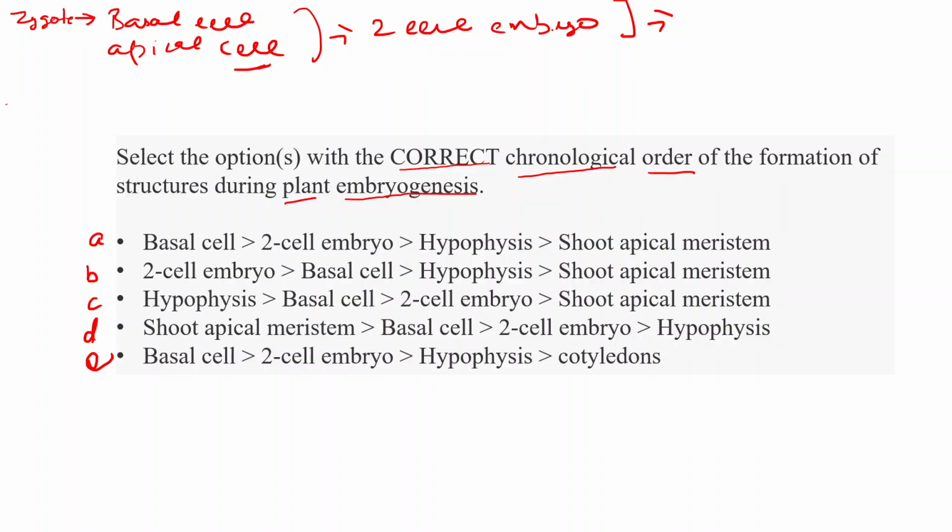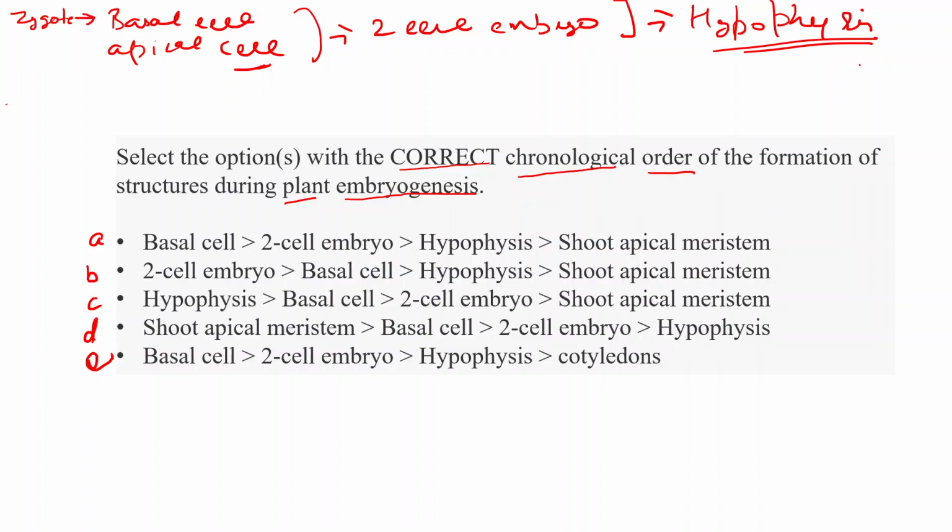And this hypophysis later contributes to the root apical meristem plus root cap. That means next, what is the organ which is getting formed? It is hypophysis. So this hypophysis is the uppermost suspensor cell.